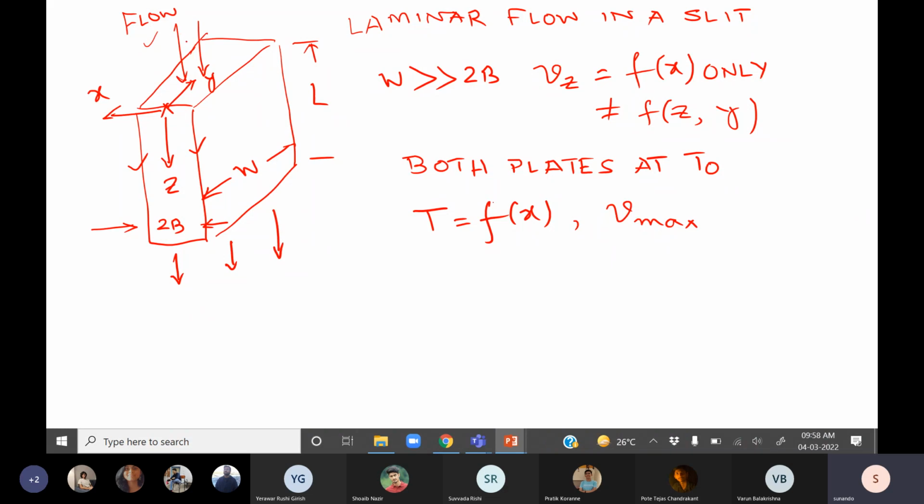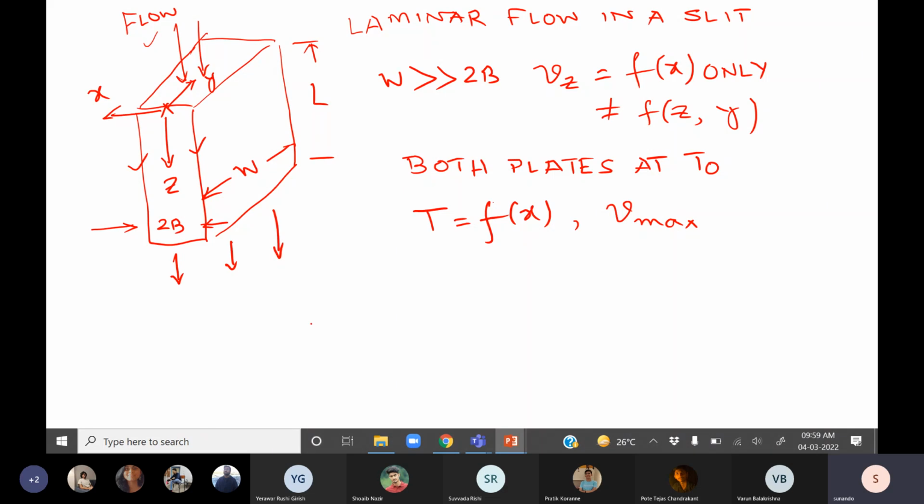So 25 degrees centigrade water is flowing in between two plates which are also maintained at 25 degrees centigrade. But it's a problem where you need to include the viscous heating, and there you would see that the temperature is going to increase in between the two plates, and therefore the maximum temperature could very well be at the midpoint.